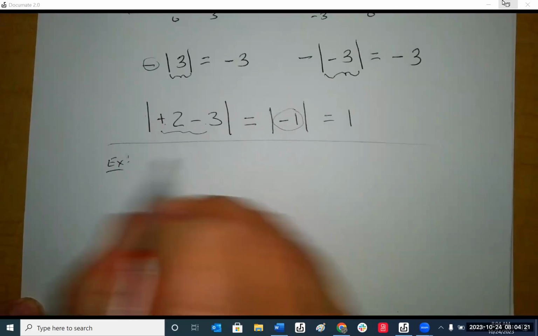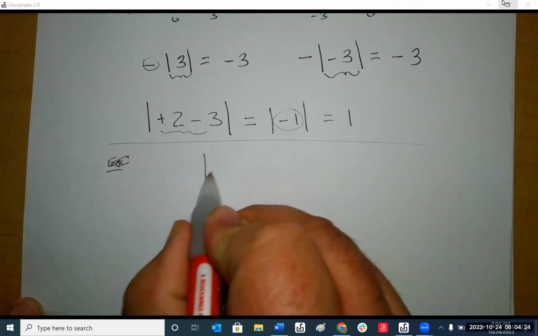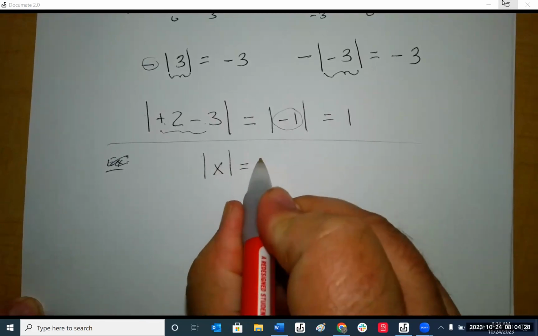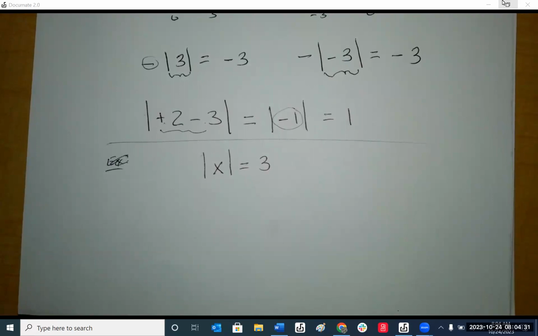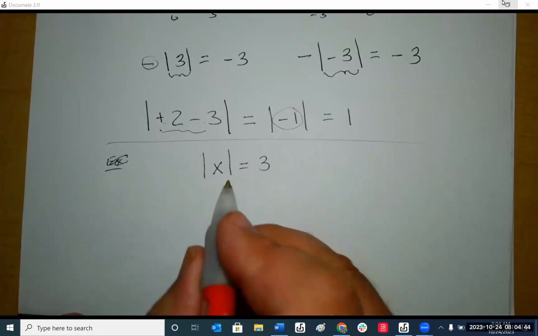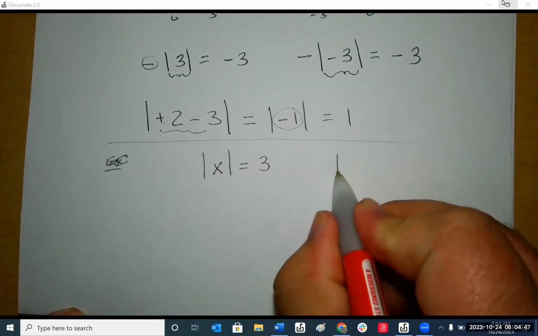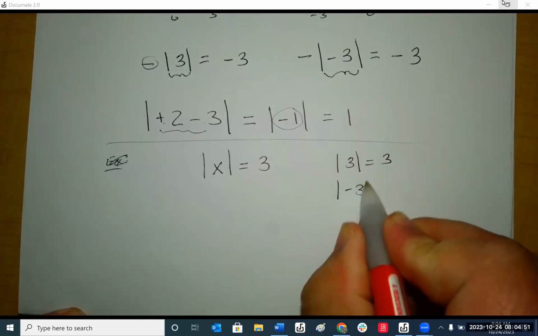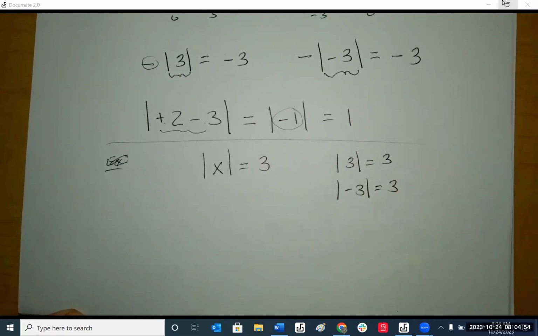Okay, now, before that, what if the variable now is inside the absolute value? What can x be that the absolute value is positive 3? Exactly. We can have absolute value of 3 is 3. Absolute value of negative 3 is 3.